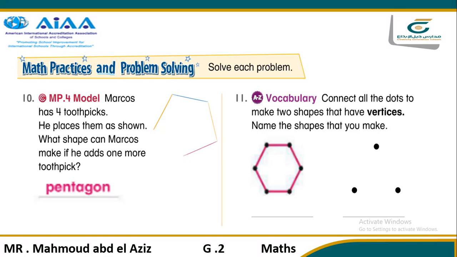So is it a triangle, quadrilateral, pentagon, or hexagon? Which shape has 6 sides? Excellent. So it's a hexagon. The other shape here, we have 3 dots. If you connect them, excellent, you will have a triangle. So it's a triangle.